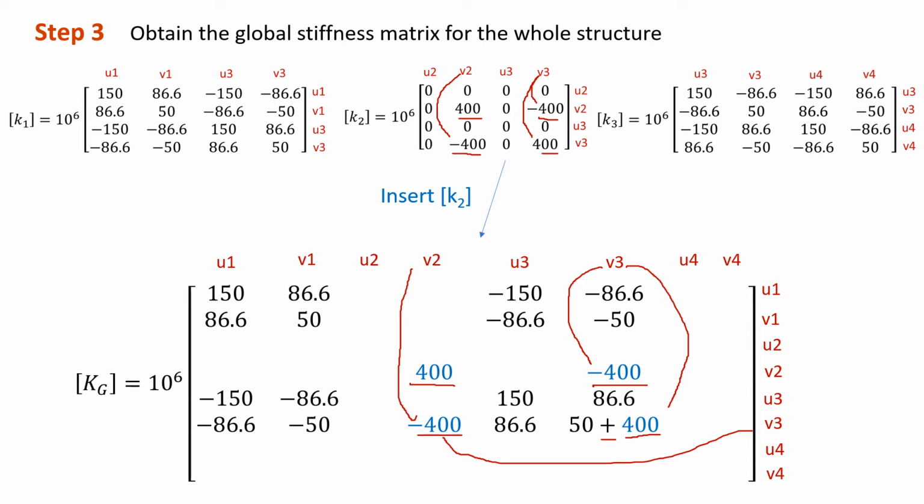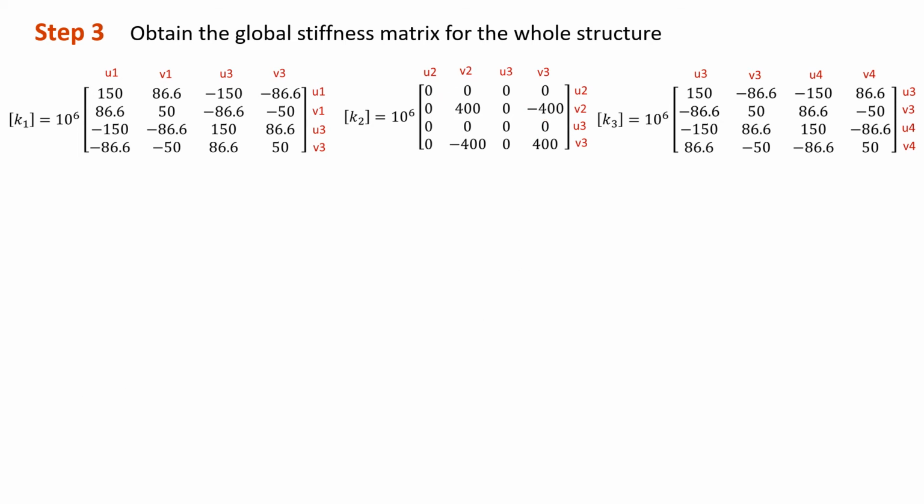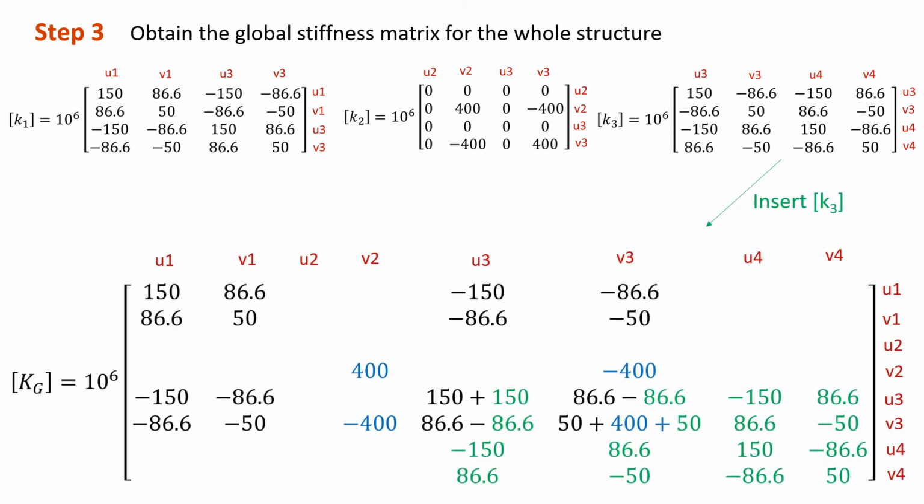Next is to insert the third matrix, for the third element, represented by the green color. It starts with U3, U3. So check U3, U3, we have 150 coming from the third element.